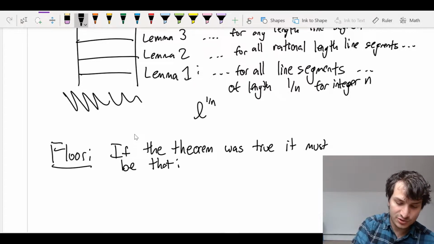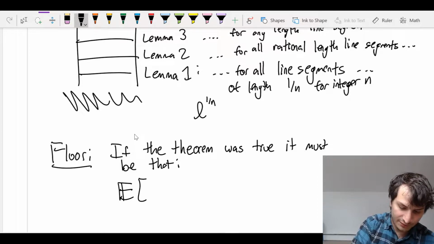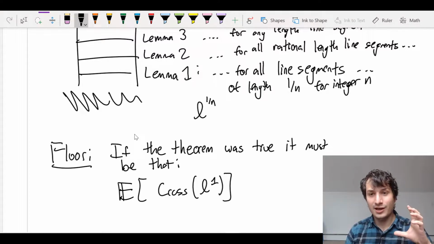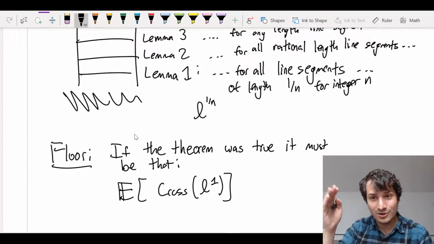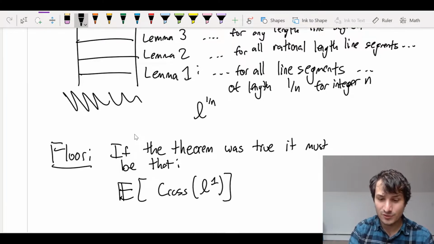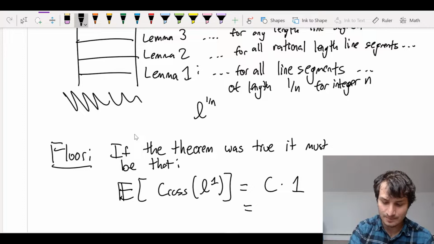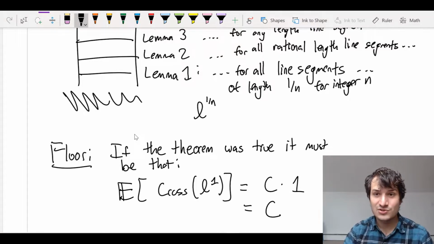So if the theorem was true, the expected value of the number of crossings of L1, that's the straight piece of spaghetti, a straight line curve of length 1, would be c times 1, because 1 is the length of the curve, so this is c. So if the theorem is going to be true, c must be equal to this expected value of the crossings of a straight piece of spaghetti.